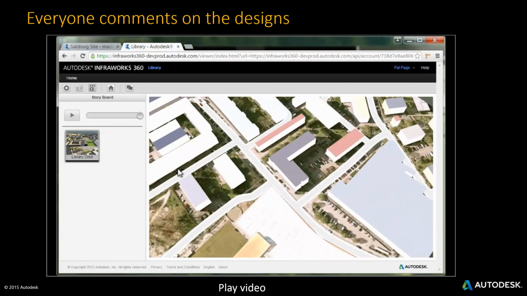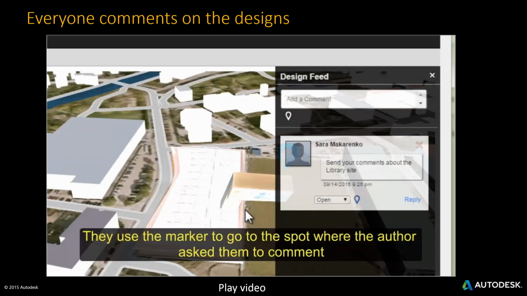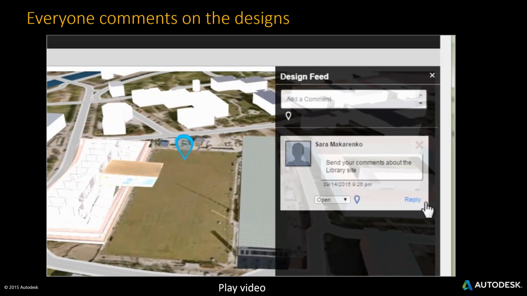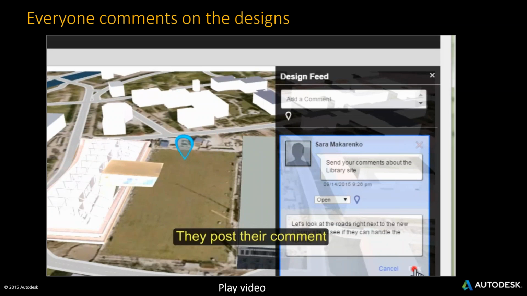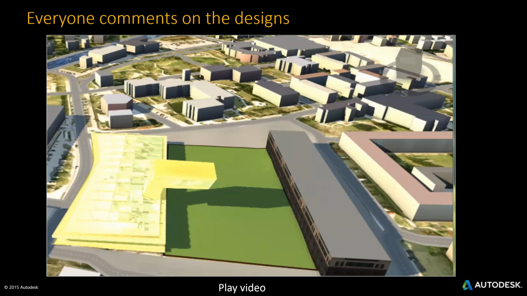They open the comment panel, and they see that I'm asking them to give feedback. They click the marker and it takes them to the spot that I've highlighted, and they make a reply. This person's interested in looking more at the roads right next to the library, to see if it can handle the volume. And they post it. So it's just back and forth between people viewing the scenario and people in the desktop.